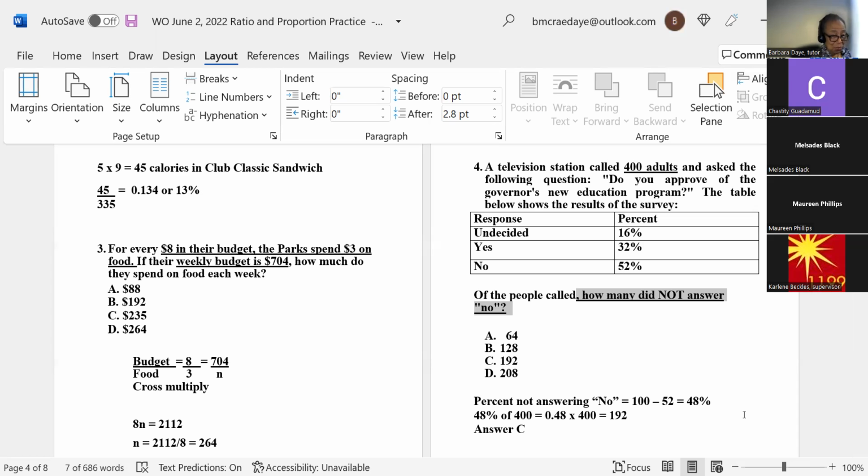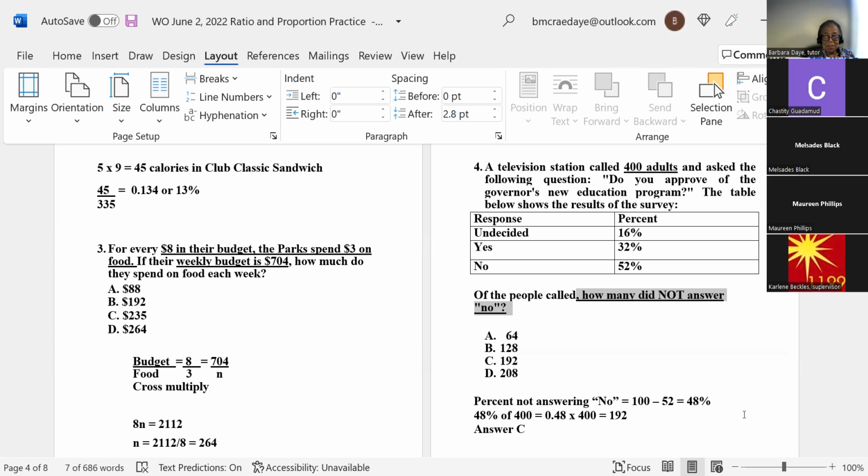No is 52%. The rest of the people did not answer no, and they broke it down into two categories, the undecided and the yes. Add those two together and you get 48%. Or subtract the no's from 100, you get 48%.